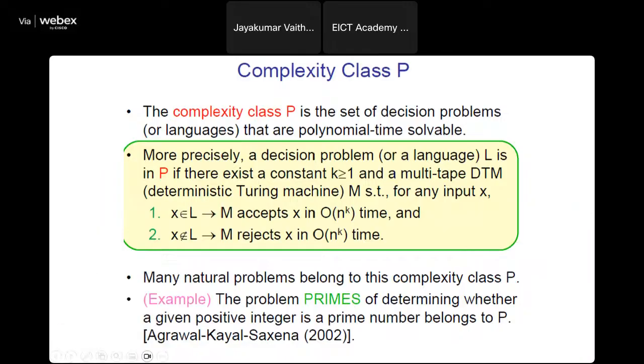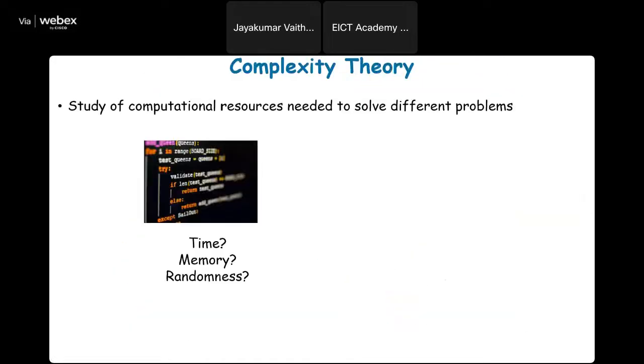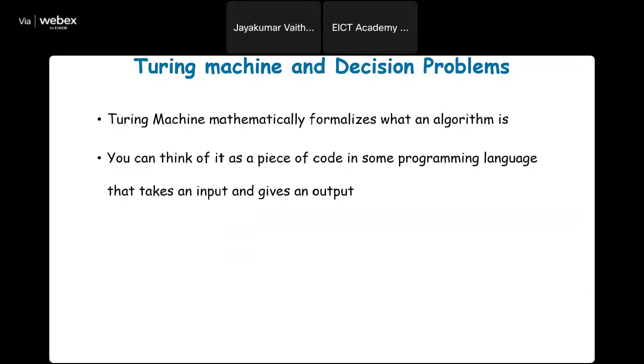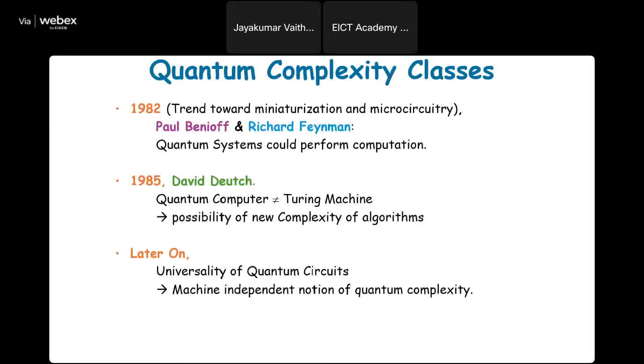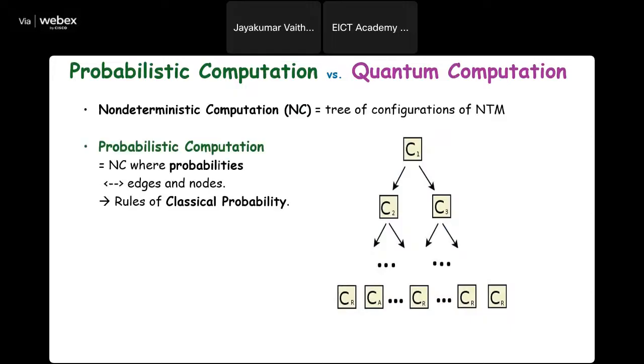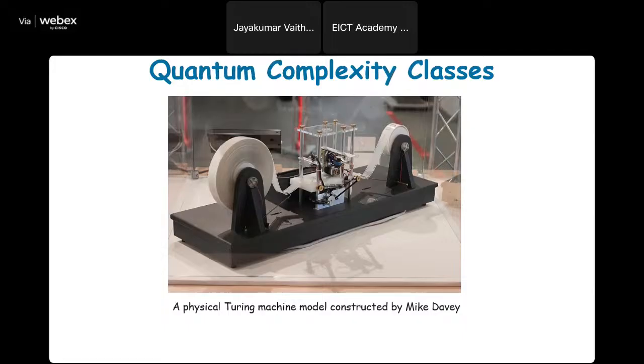Maybe due to lack of time, I will show the Turing machine because we are running out of time. If time permits, I will cover all this stuff. So this is a Turing machine. This is a model. We built a physical model of a Turing machine where you can see a tape on both sides, like a tape recorder you can imagine.